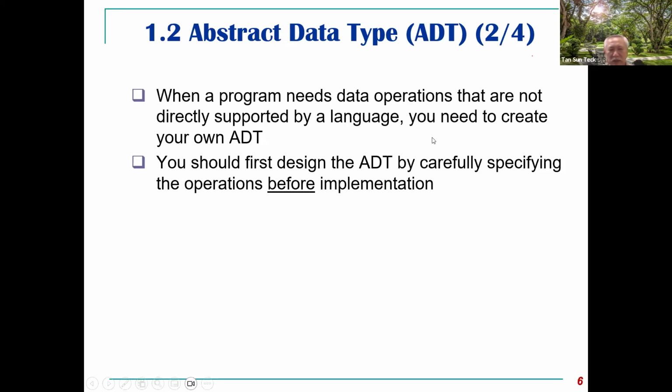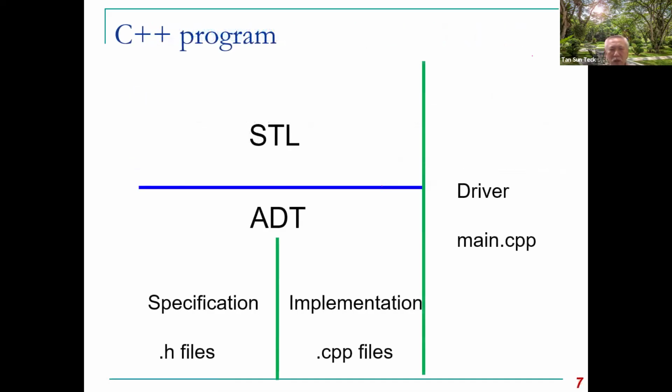Okay, so it's easier if we use a diagram to describe this. A C++ program looks something like this, right? If you do not need any functions or methods provided by the system or C++, you can simply do the driver program. You can write everything inside here, compile it, and then you will be able to produce a result.